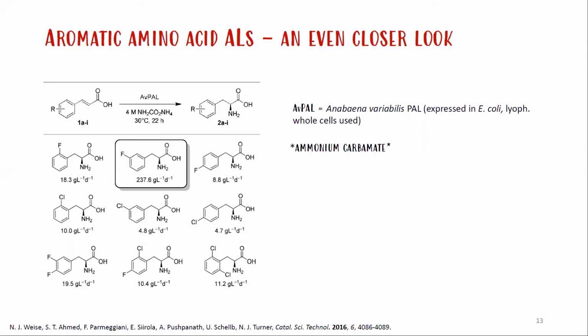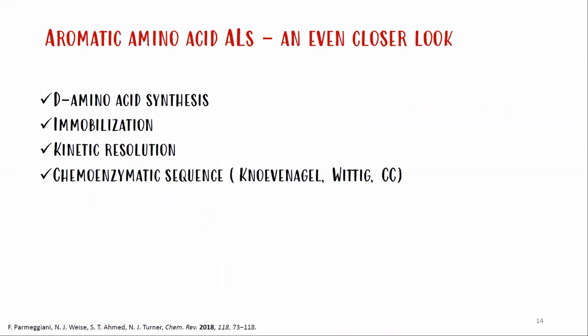This demonstrates really the potential industrial applicability, not only potential, there have also been applications on an industrial scale of phenylalanine ammonia lyases. So to cut it short, other things that were achieved: it's also possible to do D-amino acid synthesis. The enzymes were also immobilized and I think also run in flow.